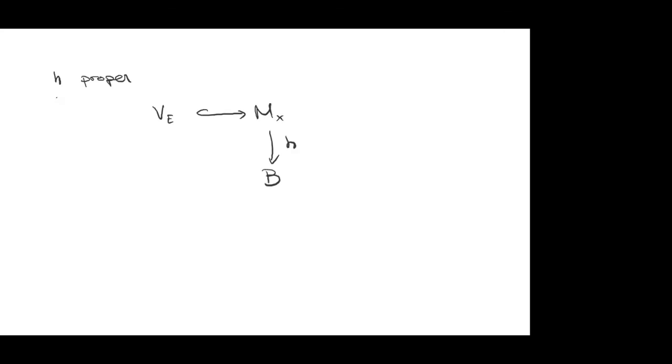So we have a proper map, and the composition is H_E, right? So it's clear that if V_E is proper, then H_E is proper, because it's the composition of two proper maps, nothing to prove. Do you agree with that? Yes.